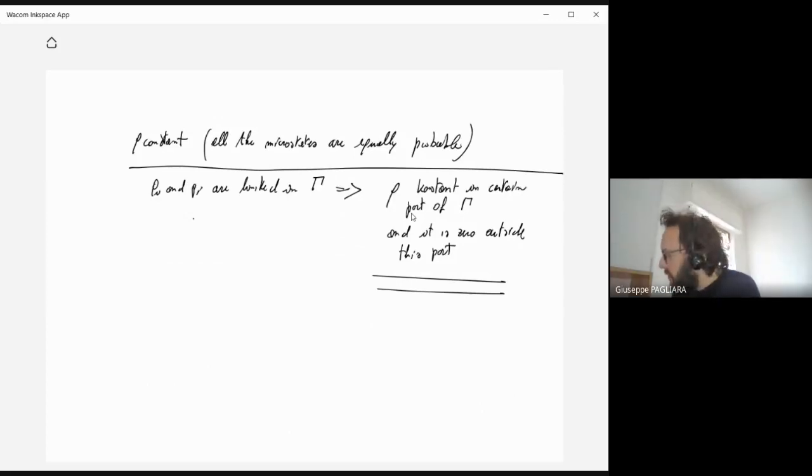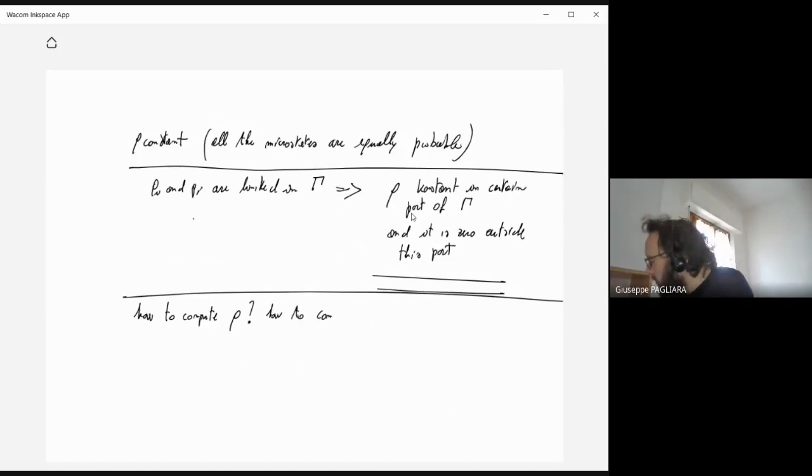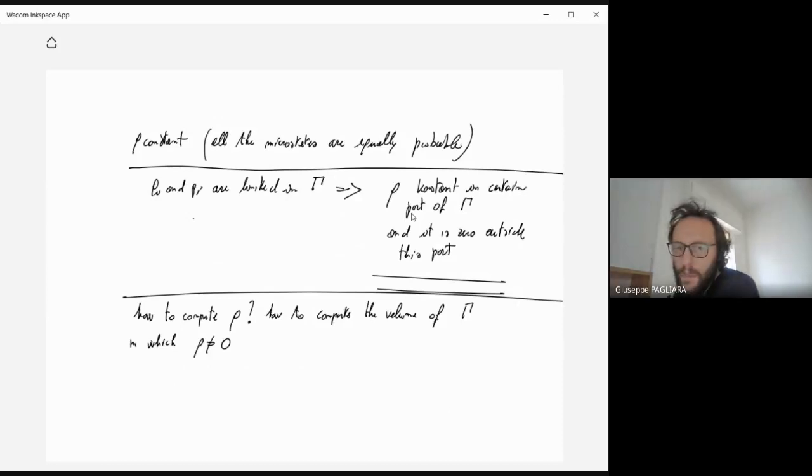Now we have to find a way to compute rho, which basically means, because it is the same apart from a normalization, how to compute the volume of gamma in which rho is different from 0, and inside that volume it is constant.